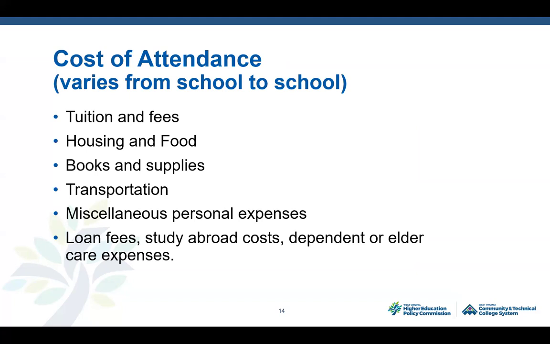You can also get financial aid to help cover books and supplies, and transportation expenses, which is the cost of just driving back from home to the college. You can get personal expenses, soap, shampoo, laundry money, those types of things. The cost of a computer can be included, as well as the cost to study abroad in a different country. All those things make up cost of attendance that you can get financial aid to help cover.